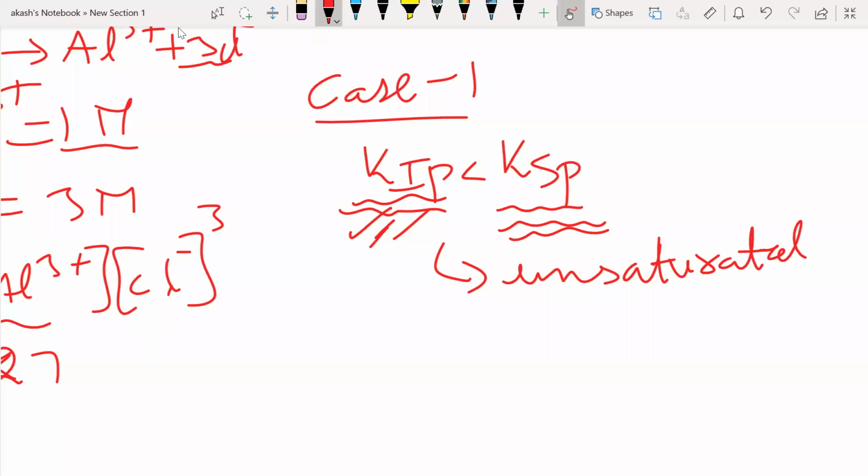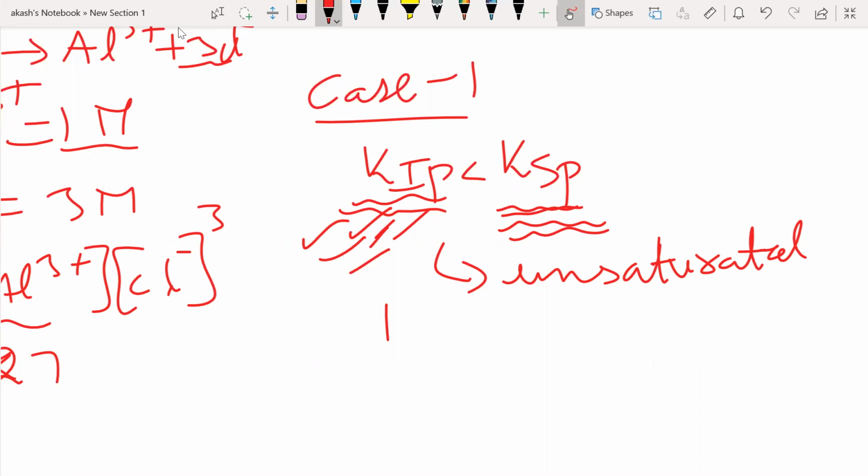This is an unsaturated solution, because as I told you, this is a real-time calculation of whatever the actual concentration of the salt is, while KSP is for saturation. So if I find that the ionic product is lesser than KSP, it has not reached saturation. The amounts of cation and anion are not enough to cause saturation. This is an unsaturated solution.